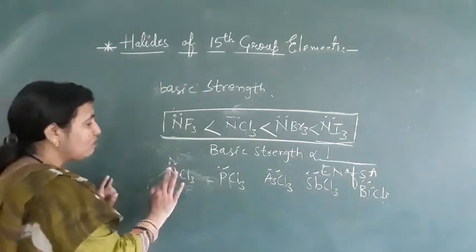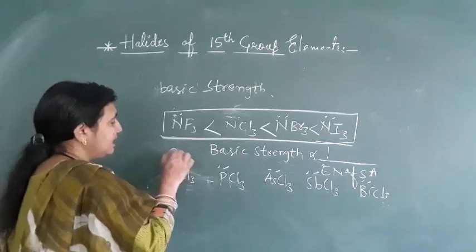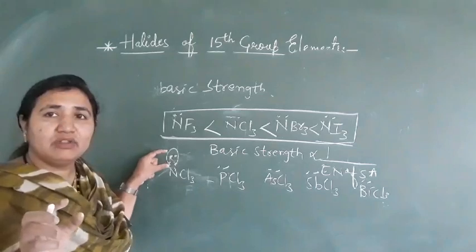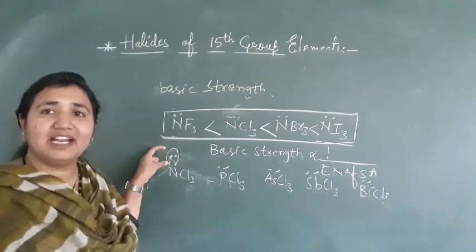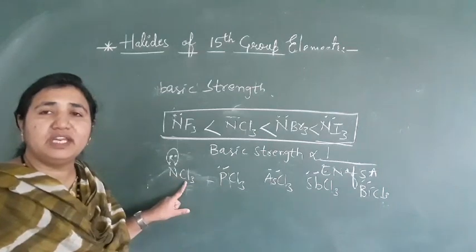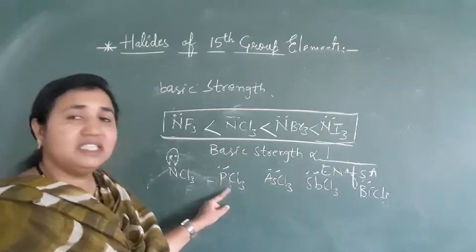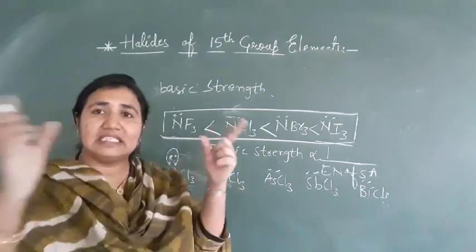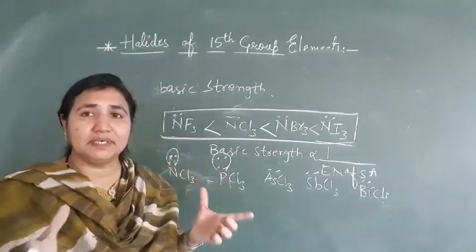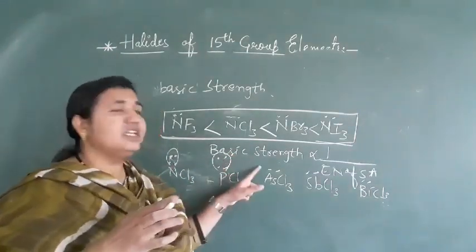Nitrogen is small in size, and the electron cloud is present in a small region, so it can donate the electron easily. But if PCl3 comes, phosphorus size is large and these electrons are more dispersed, so they cannot donate the electron easily.